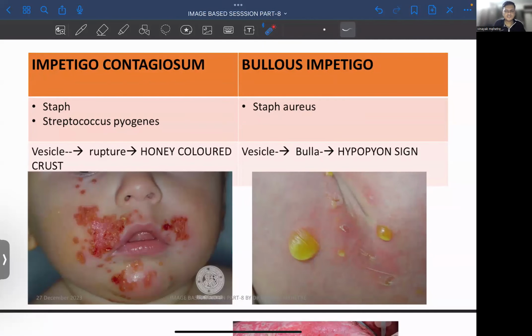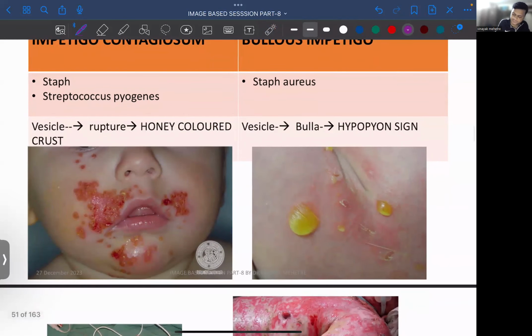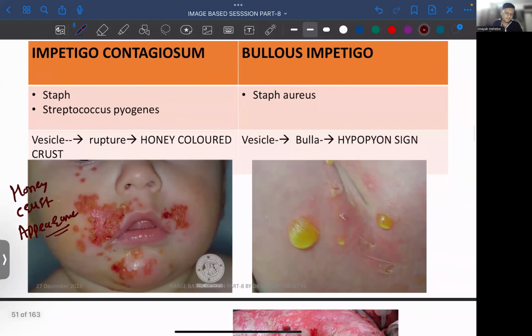Okay, a child with specifically what do they write, honey crust. Honey is brown colored, right? Darkish brown. So honey crust appearance. Okay, honey crust appearance on the face will be called as impetigo.